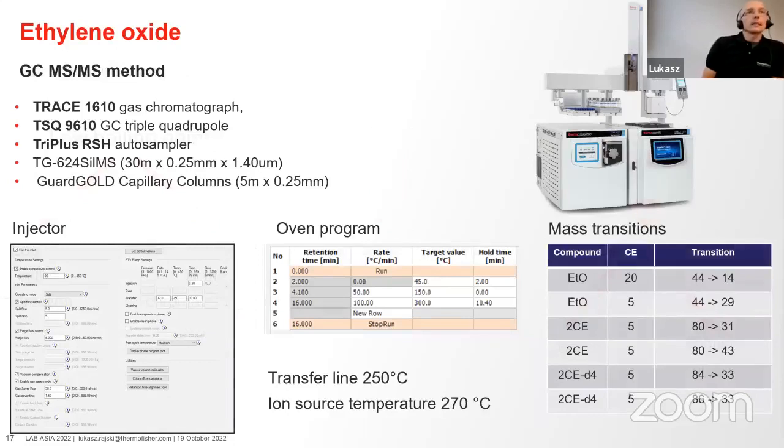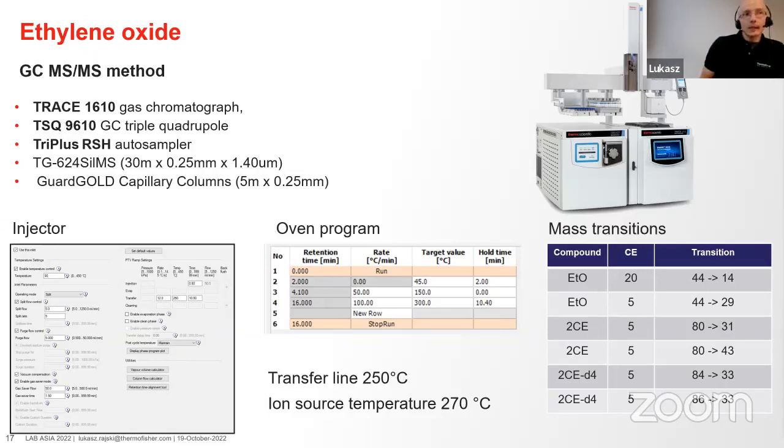On this slide, you can see the method that we use to analyze ethylene oxide. In case of instrumentation, it was obviously our new Trace 1610 and TSQ 9610. The column that we used was TG-624 SilMS. In the central part of this slide, you can see the oven program.